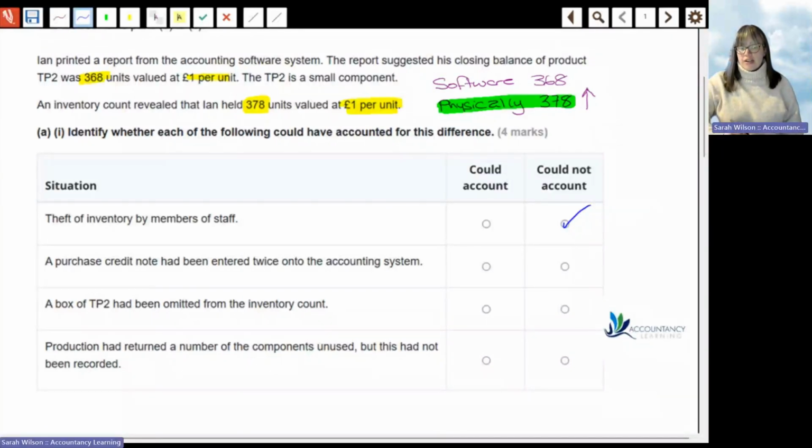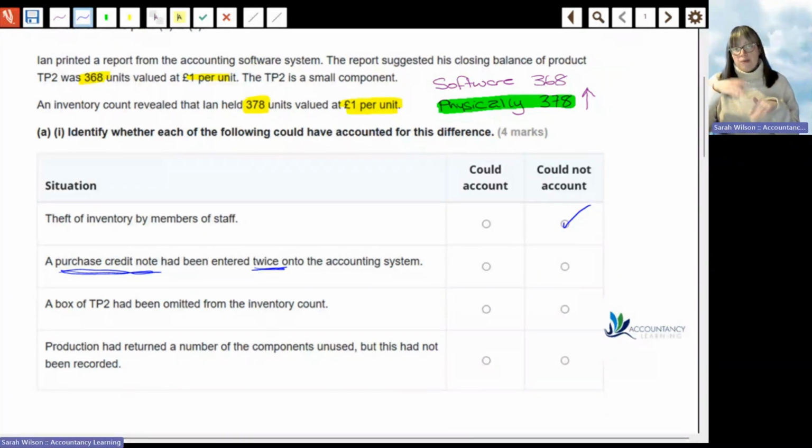A purchase credit note has been entered twice onto the accounting system. So if we've physically returned some goods to the supplier, and then we've received a credit note and put that on once, our levels will balance.